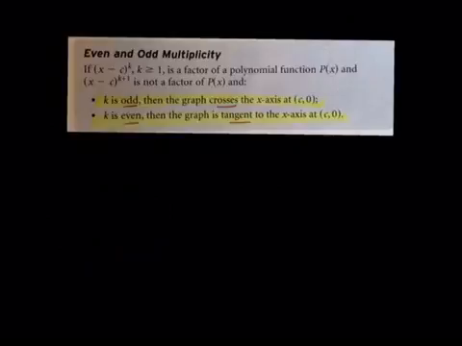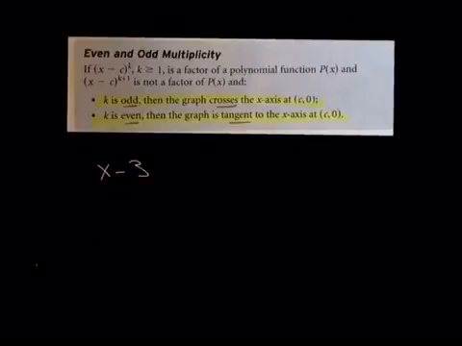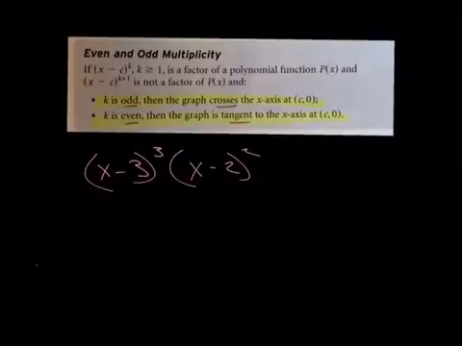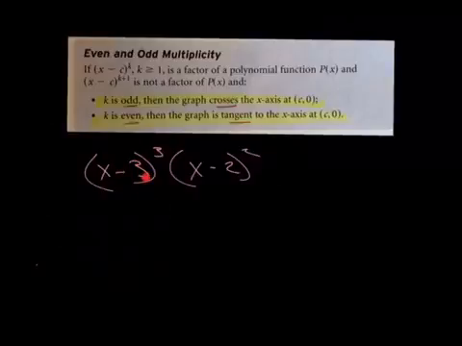And there's one other thing I want you to look at, middle of page 261: if we have a factor like this and that, what that means is if this exponent is odd, then the graph crosses the x-axis at this point, at C, or at 3, not negative 3.